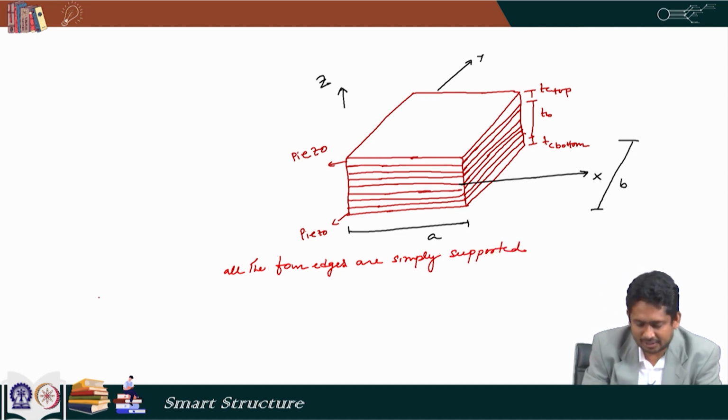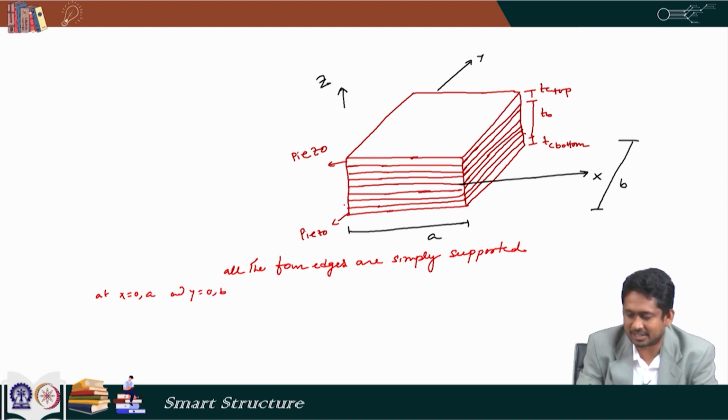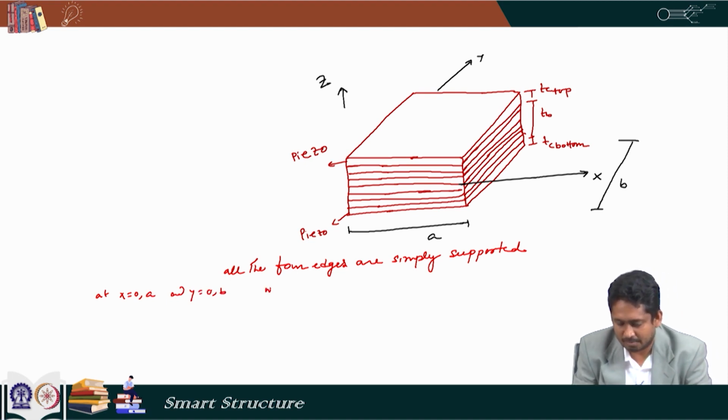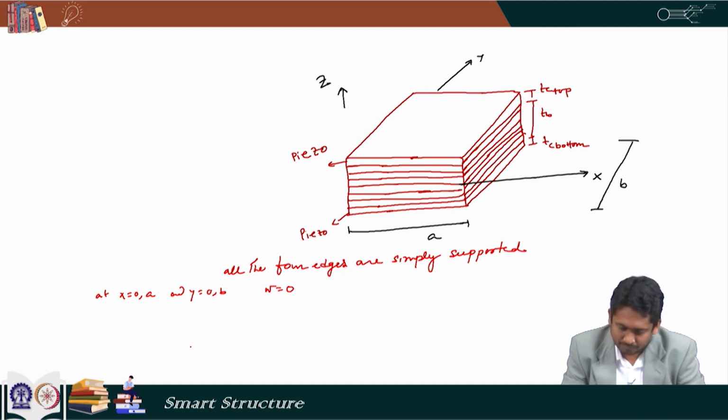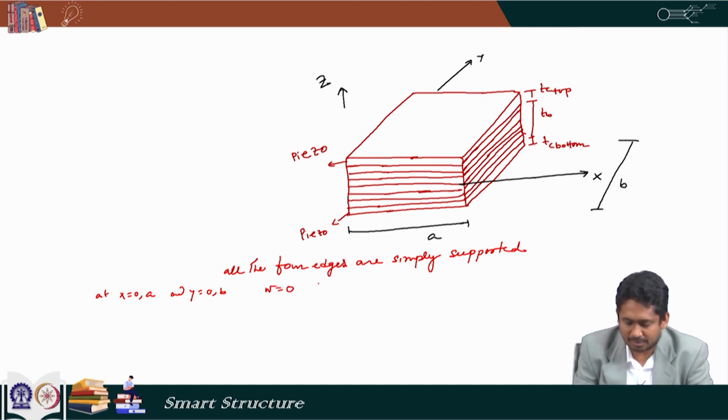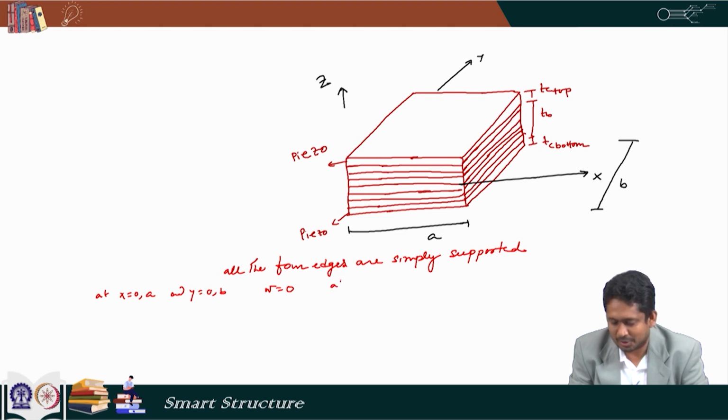And that tells us that at x equal to 0 and a and y is equal to 0 and b, which means at all the 4 edges my W is 0 and the bending moment should be 0.